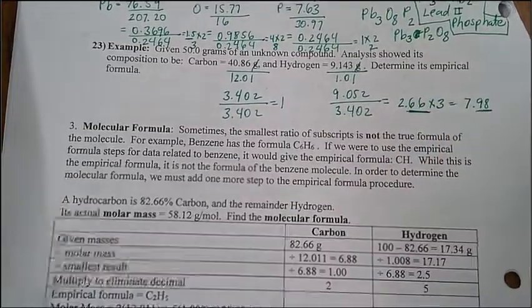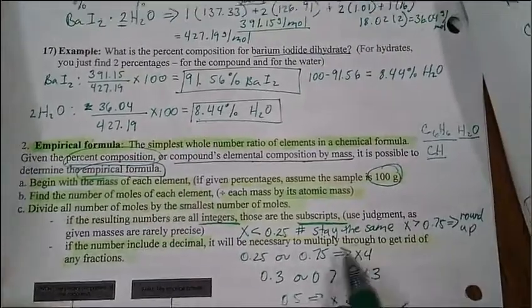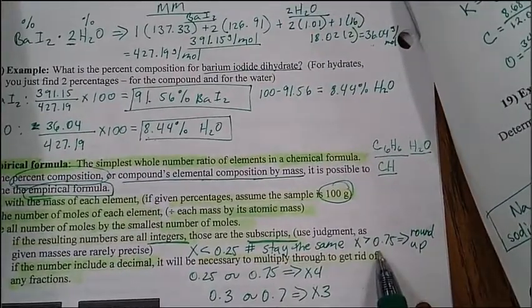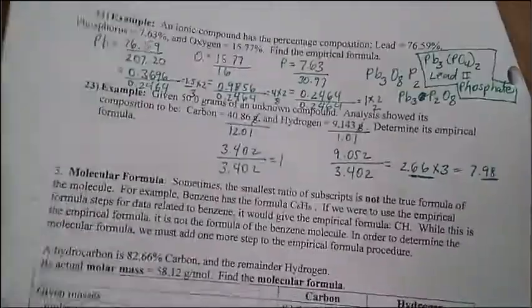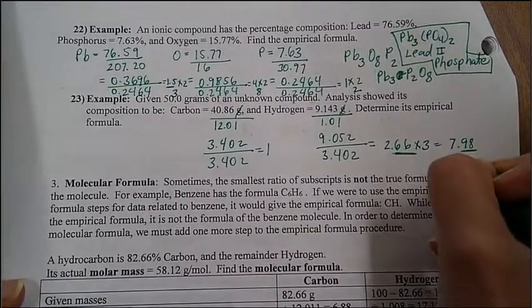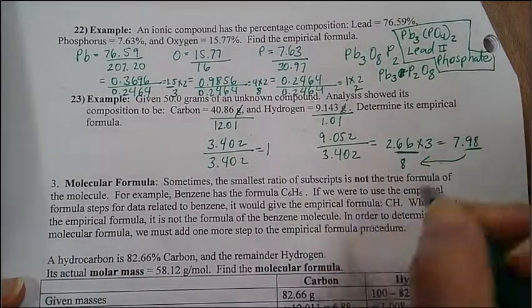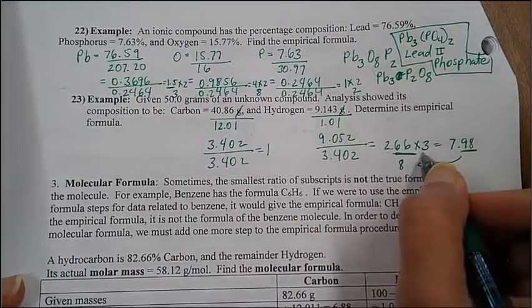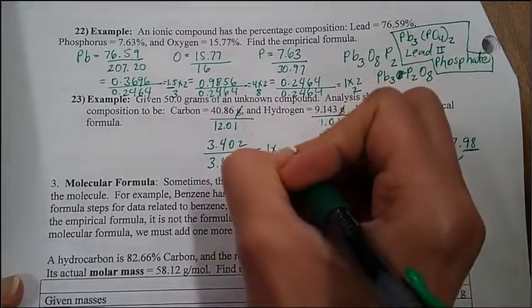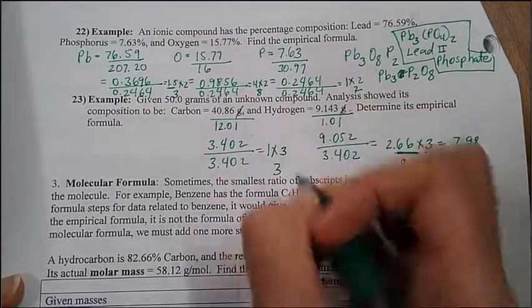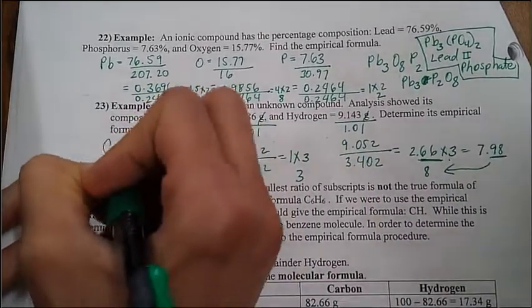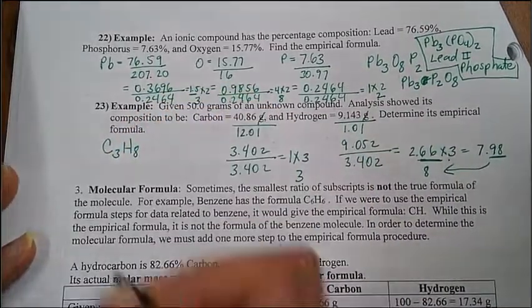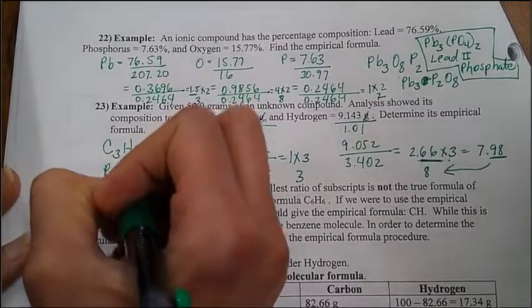Now this 0.98 is, remember, that it is greater than 0.75, so we round up. So this will actually round up to about 8. And what we do on one side, we must do on the other side. So we're going to multiply this side by 3, and it's going to give us 3. So in this case, we have carbon 3H8, which is, of course, the formula for propane.